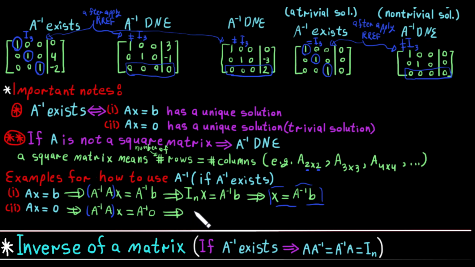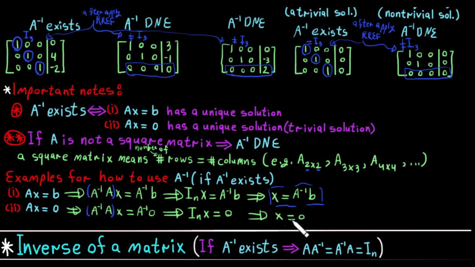And here we have x equal A inverse multiplied by 0, which is 0, because anything multiplied by a 0 vector will be 0. So here any matrix multiplied by identity will remain the same, which is x. And here we have 0.